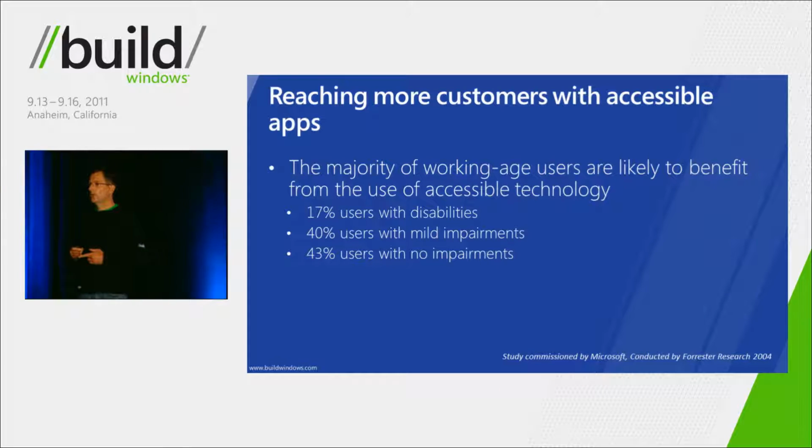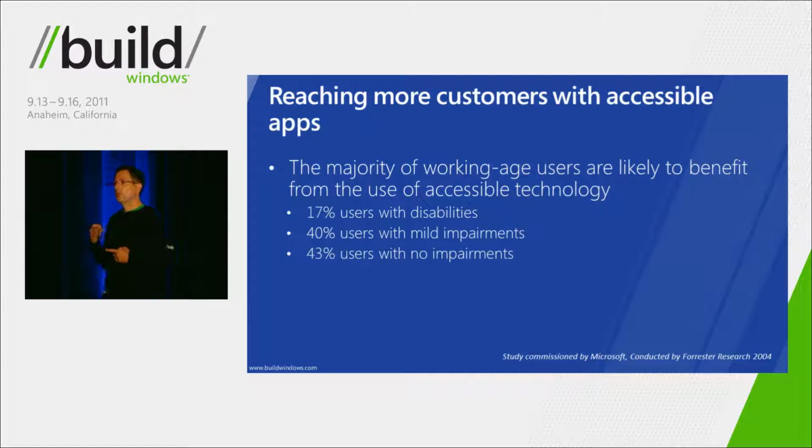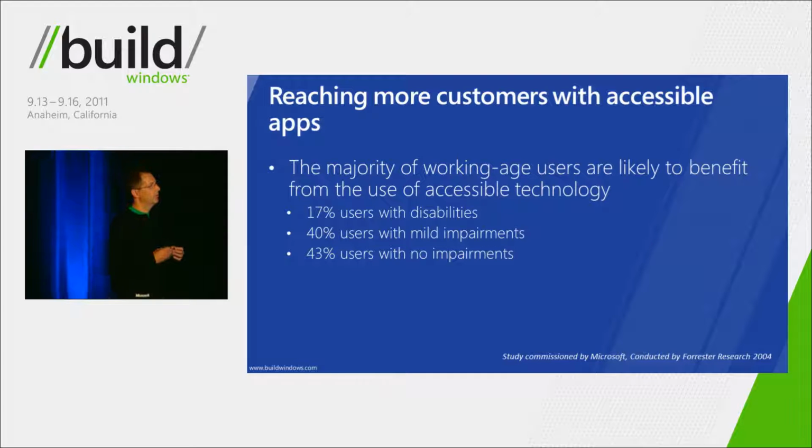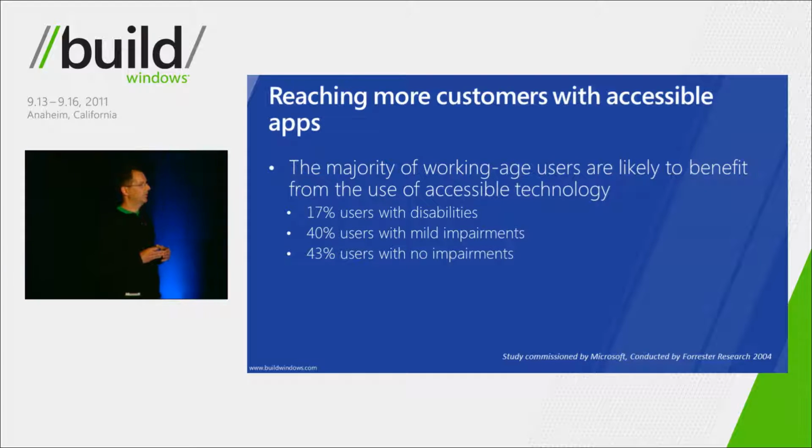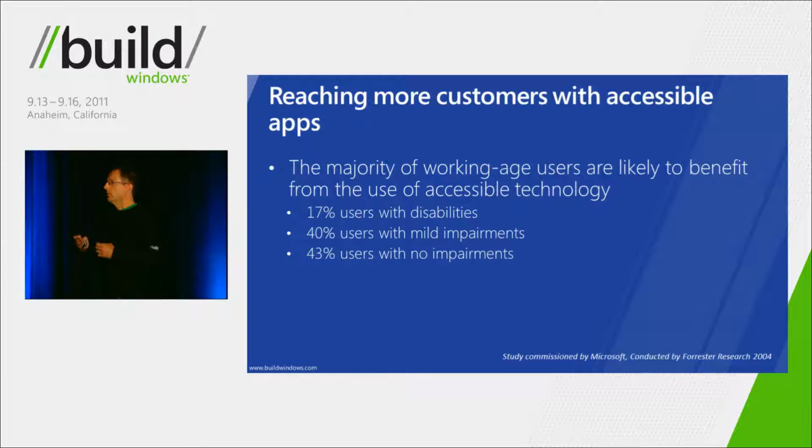Now, in addition to the 17%, another 40% of users were also found to be likely to benefit from accessible technology. This includes users with mild disabilities or impairments, but also a great number of users who don't consider themselves to have a disability at all, but simply find it easier to use software by leveraging some of the accessible features of software. A classic example of that is users who want to have the text shown on the screen bigger.